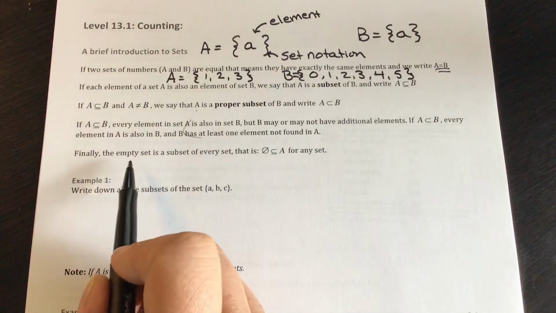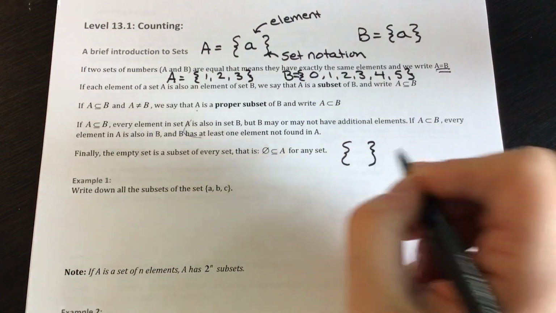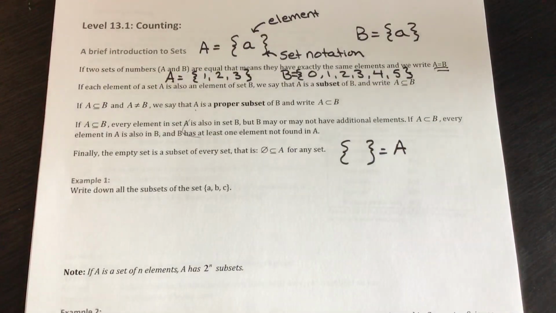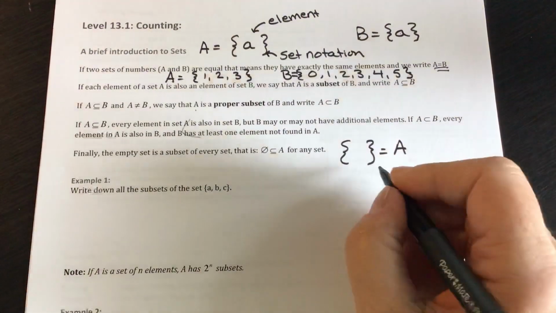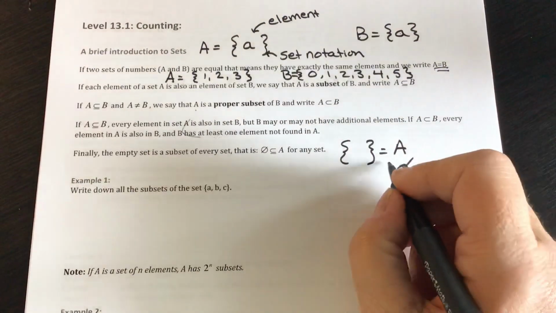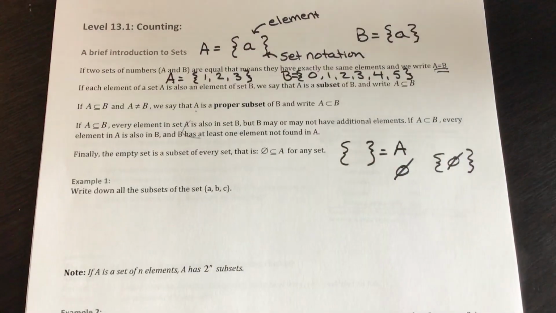There's also a set that has nothing in it. If I were to write it like this, this is an empty set, and we can also notate it like this, or like this.